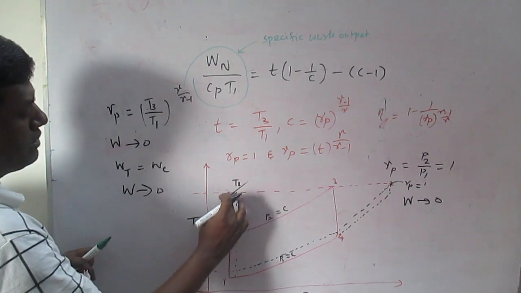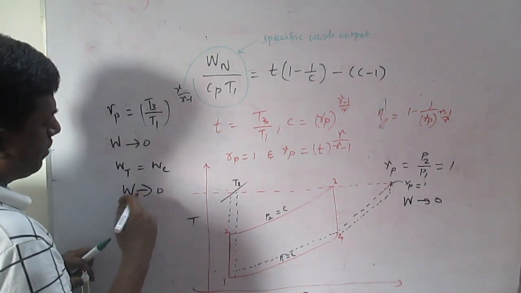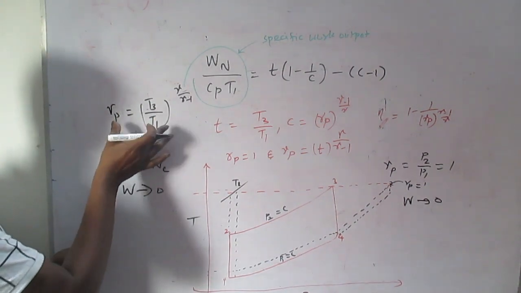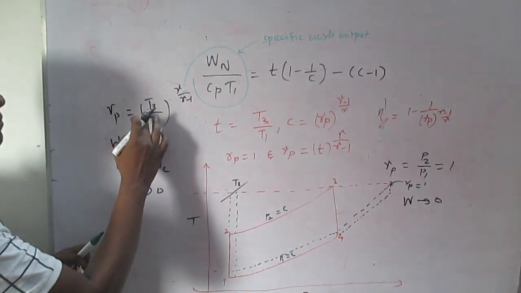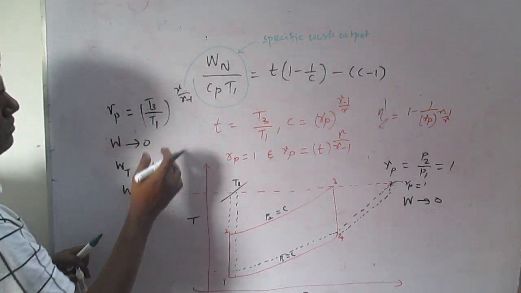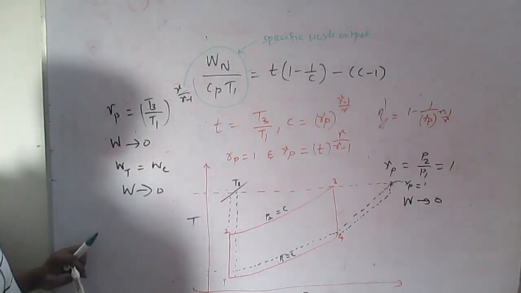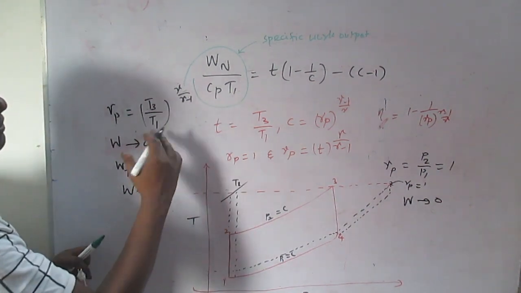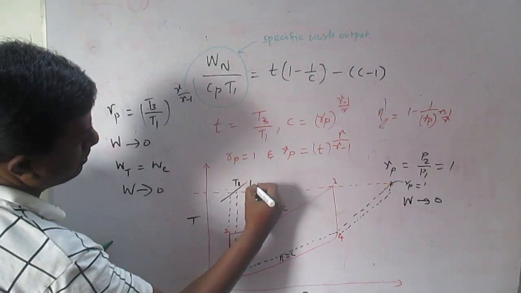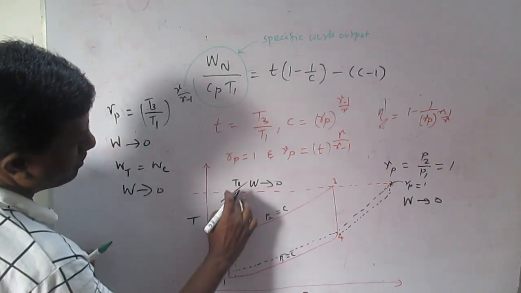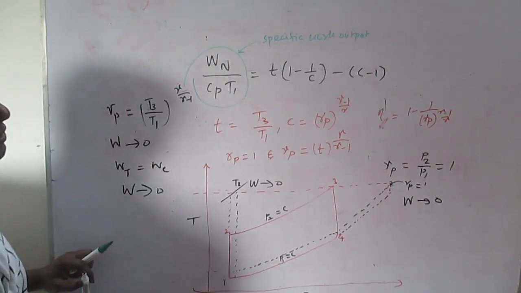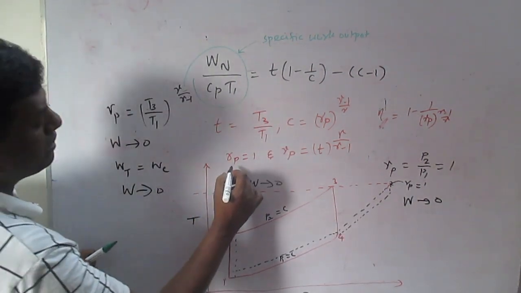So when this condition occurs, your work will also be 0, and RP equals T3 by T1. In this graph, here also work is 0 and here also work is 0. This is what we have to understand.